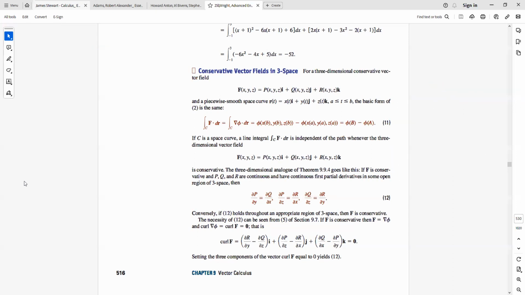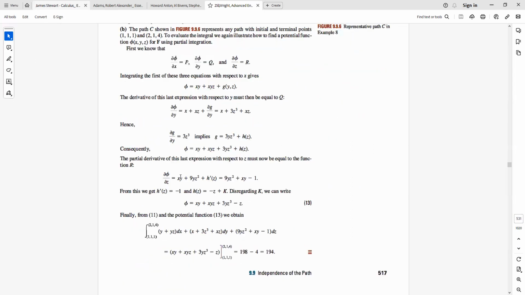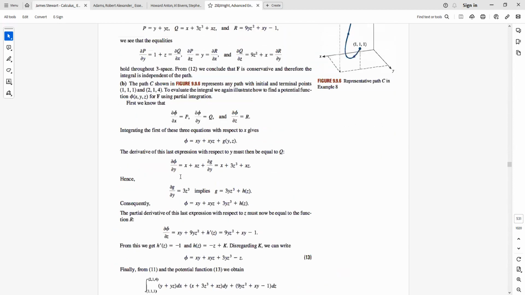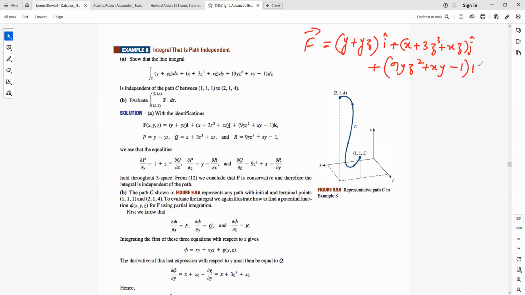Now let's take an example in R3. For instance, we have this function. Let's say this is the field, F equals y plus yz i plus x plus 3z cubed plus xz j plus 9yz squared plus xy minus 1 k.